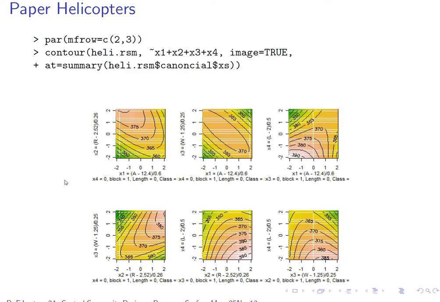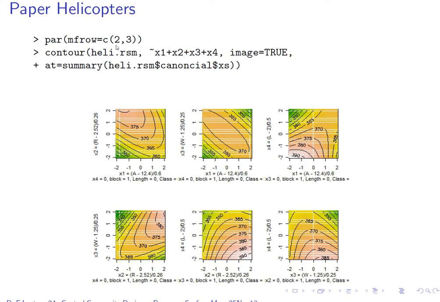Now we'll also want to look at contour plots to give you an idea. And here's the code to generate some of the contour plots. This is not done automatically from the RSM function. This is a couple of additional lines of code that one would use. Right, so the first line is partitioning the graphical print space into a set of 6 plots.